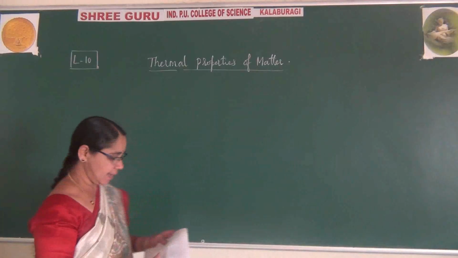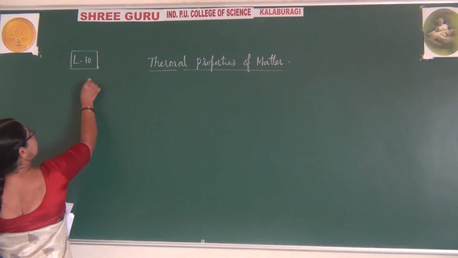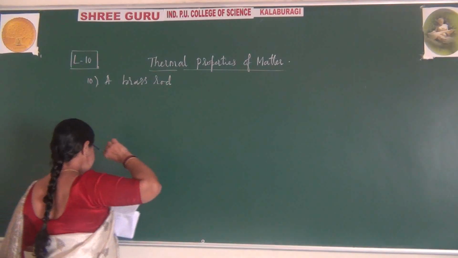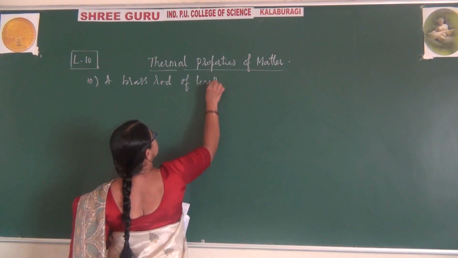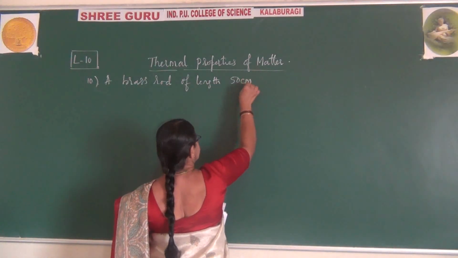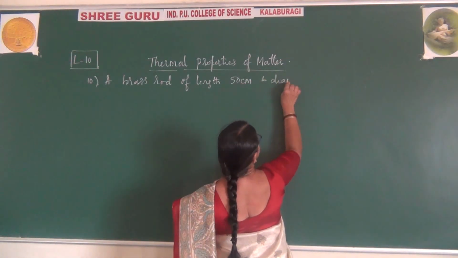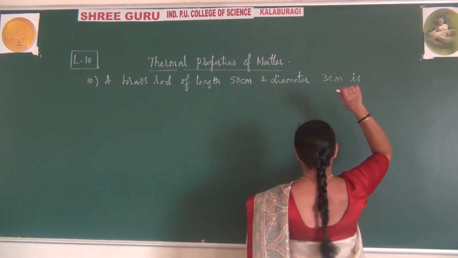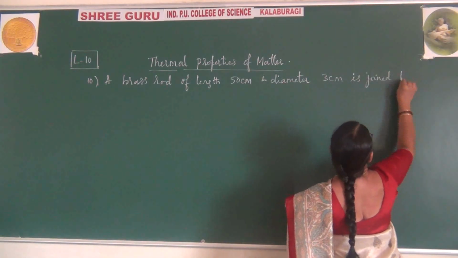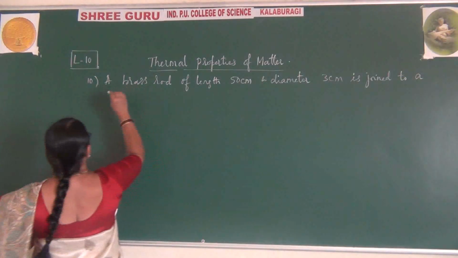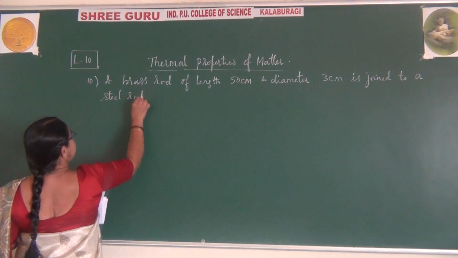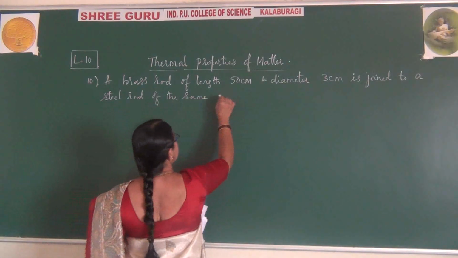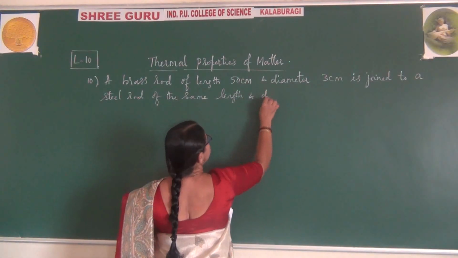Problem number 10. A brass rod of length 50 centimeter and diameter 3 centimeter is joined to a steel rod of the same length and diameter.